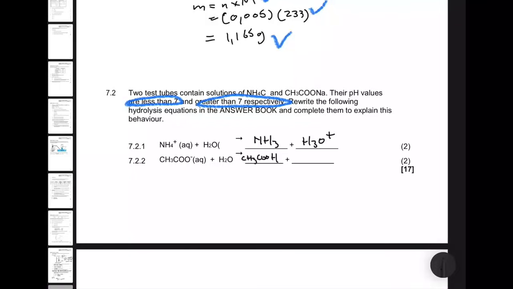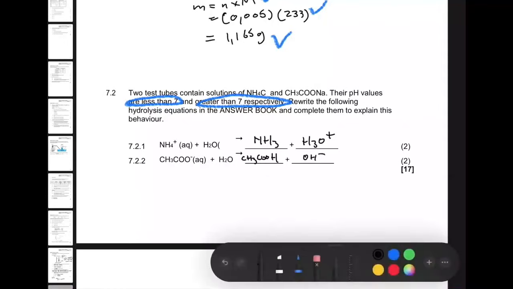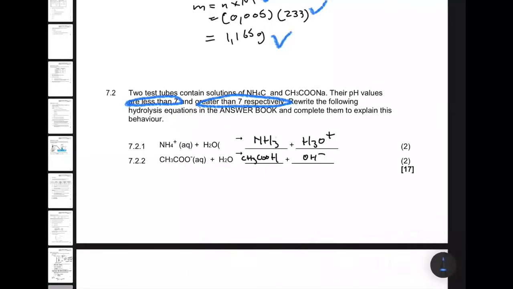There we go, we have gained a proton, plus now the proton is coming from H2O, right? So the H2O now will be OH minus, and then now the hydrogen that NH4+ lost came to H2O, right? So hence here we have H3O+.